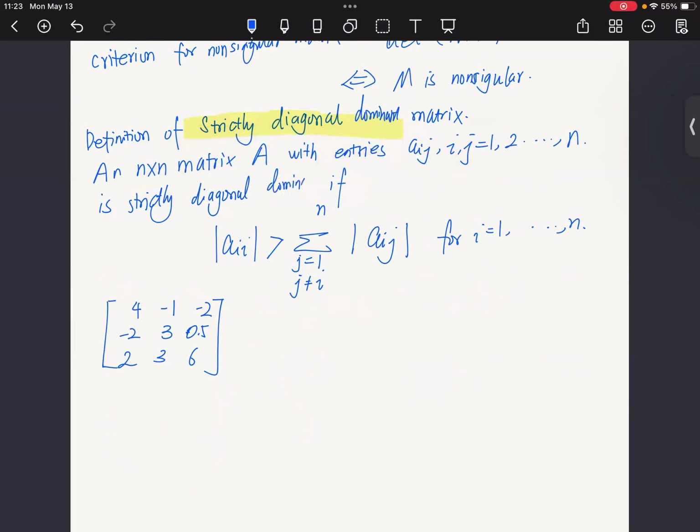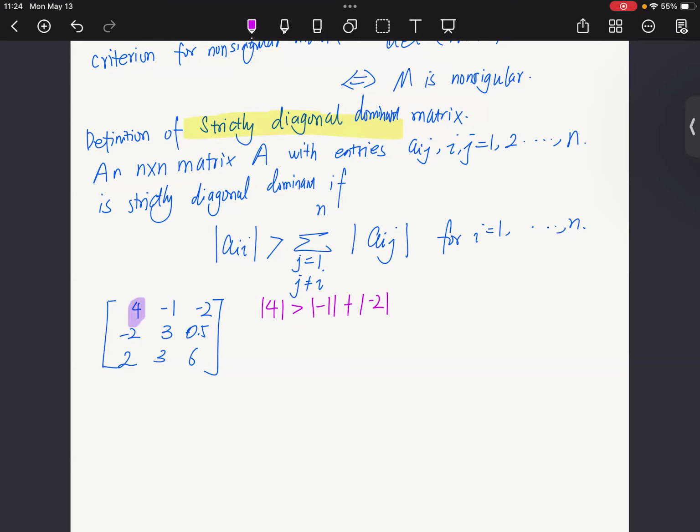Dominant. And if you take a look at each row, for the first row, your diagonal element is 4, and it's bigger than, taking the absolute value, the sum of the rest of the elements with the absolute value sign. Which means that 4 is bigger than |-1| plus |-2|.